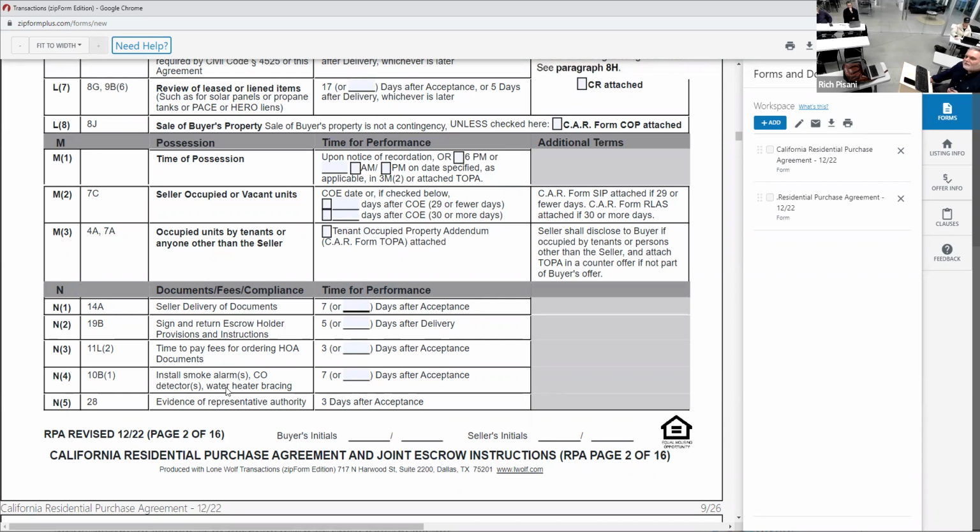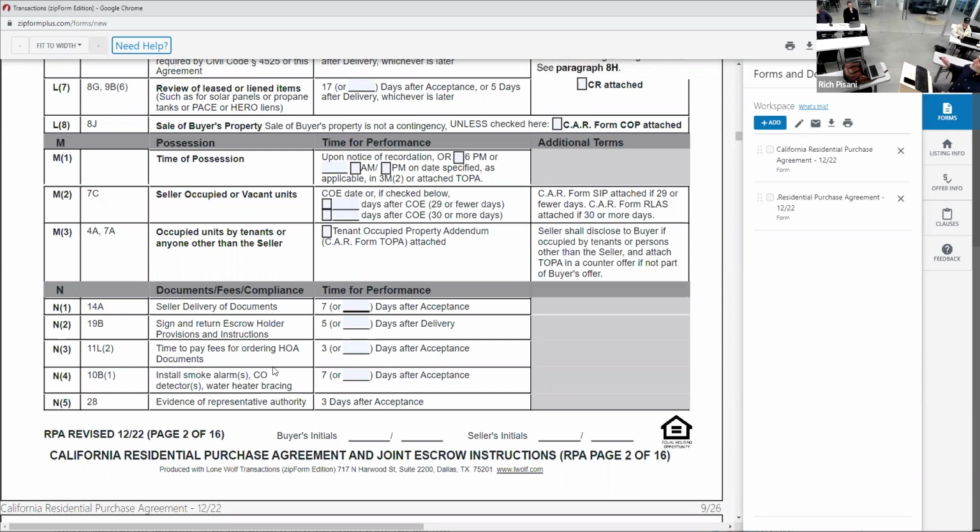Install smoke alarms, carbon monoxide detectors, and water heater bracing. Those are required by law by the state of California, that you have smoke alarms, you have a carbon monoxide detector, and your water heater is braced. In LA, it's called retrofitting.